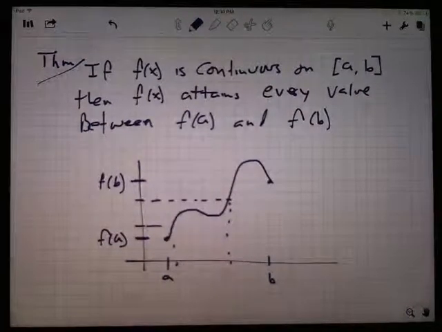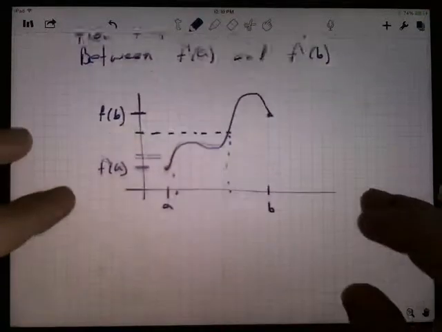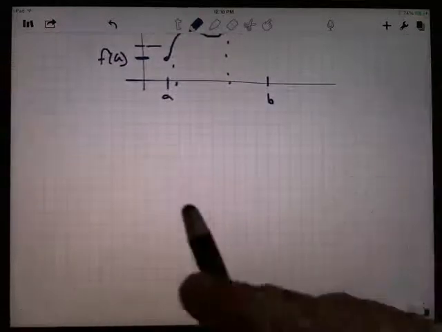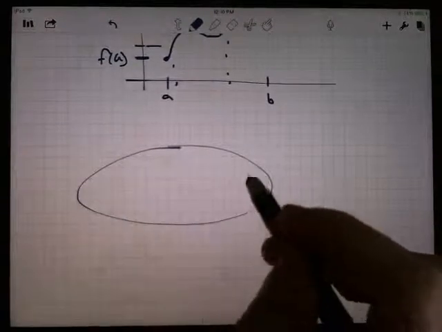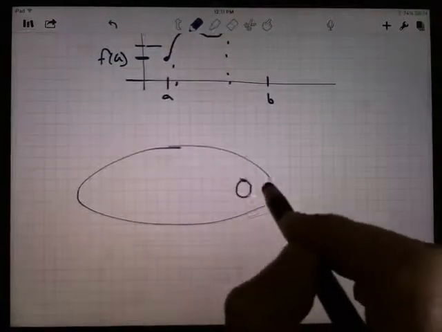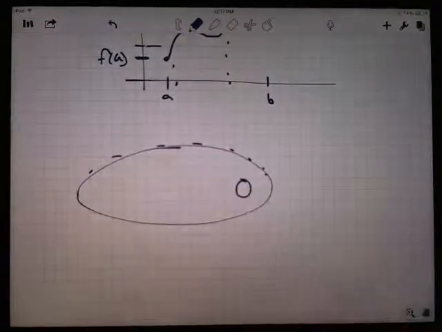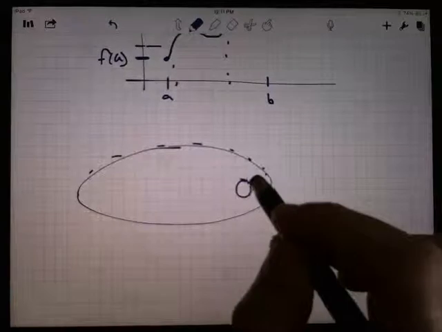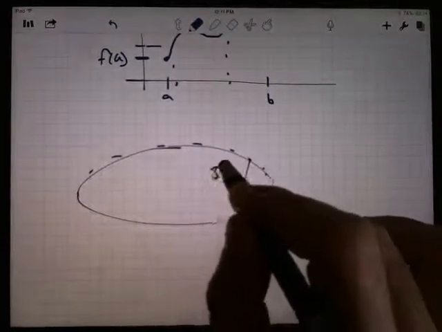Okay. This theorem actually got my dad kicked out of like seventh grade science class. Now, I haven't heard the teacher's point of view on this, but here's what my dad said happened. They're talking about orbits of planets and how they're elliptical. Now, I'm exaggerating the ellipse, but here's the sun, and the Earth is going around the sun in this ellipse, and the average radius of the orbit of the Earth is 93 million miles.